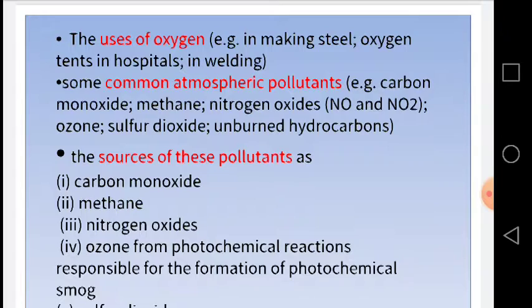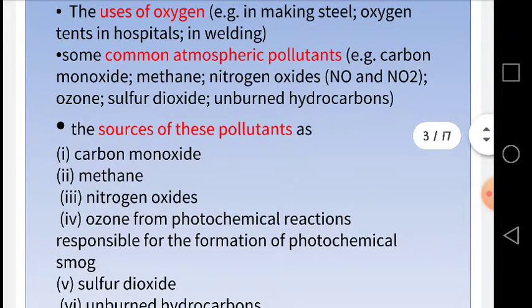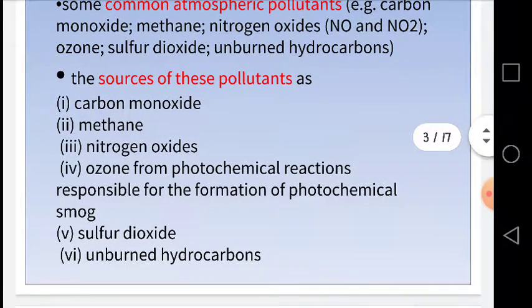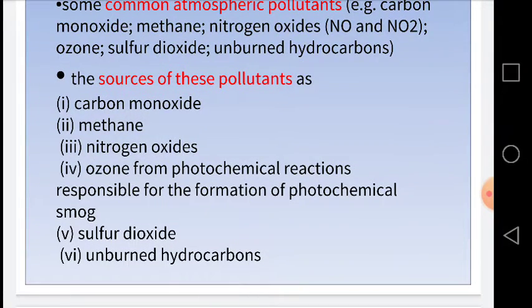We will also focus on the sources of these pollutants. As I mentioned earlier, carbon monoxide, methane, nitrogen oxides, ozone, which is coming from photochemical reactions responsible for the formation of photochemical smog, sulfur dioxide, and the unburned hydrocarbons.